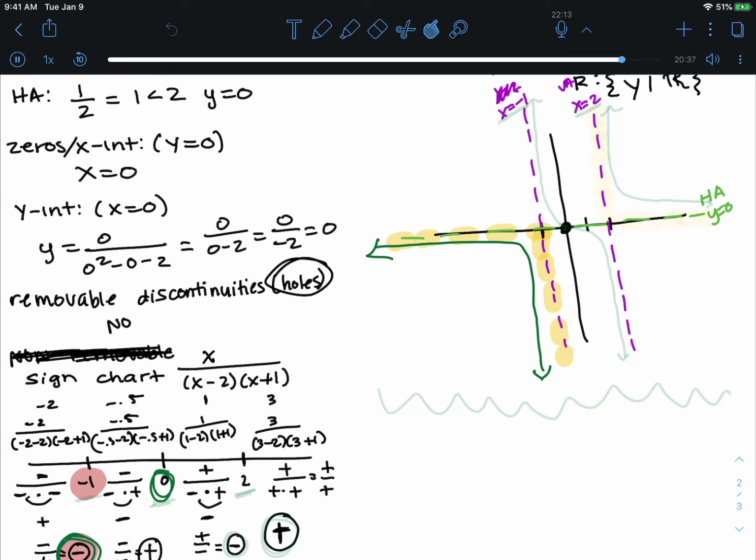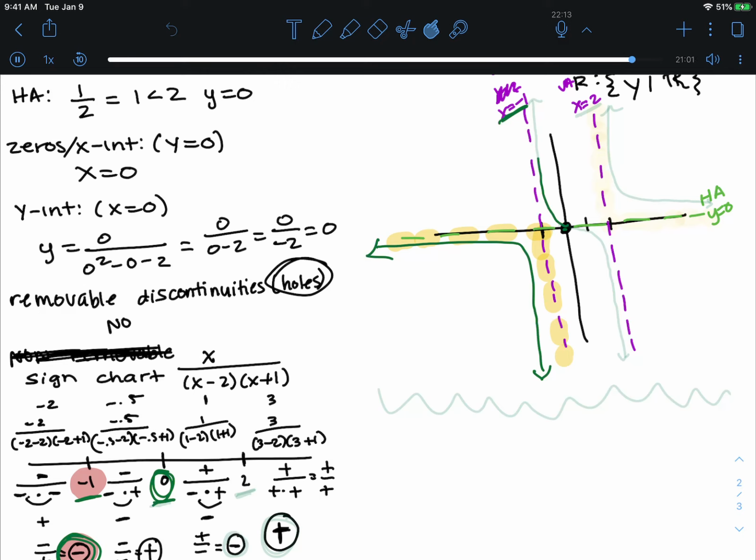Okay, now the next one here, I start at my 0, which is that one right there, and it says that between -1 and 0, I have to be positive. So between -1, which is right here, and 0, which is my point right there, I have to be positive. So from this point, I'm going to go upwards, but I'm going to follow the asymptote, right?